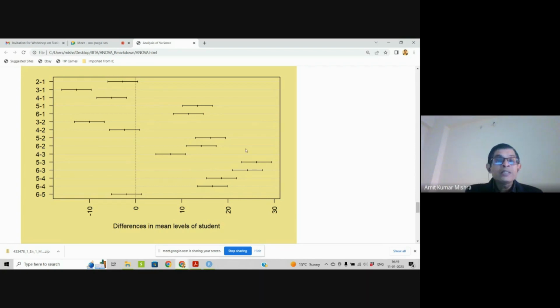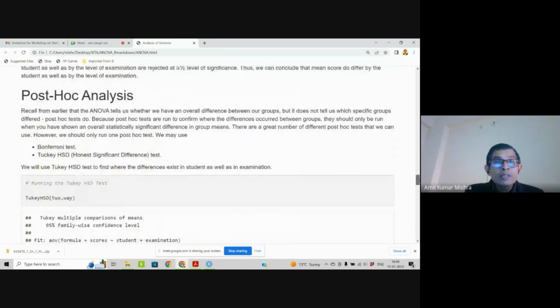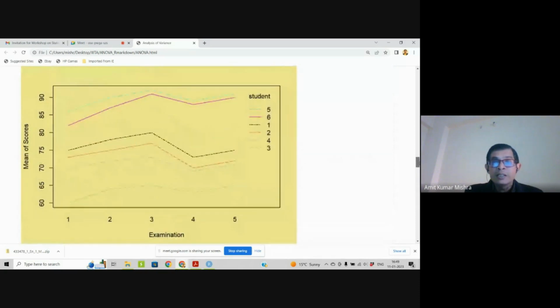So you can say that 3 and 1 are significantly different, and 5 and 1 are significantly different. So if you remember this example, see here. 3 is represented by green and 1 is represented by black. From this graph also, you can see green lines are far from black, so there is a significant difference between 3 and 1.